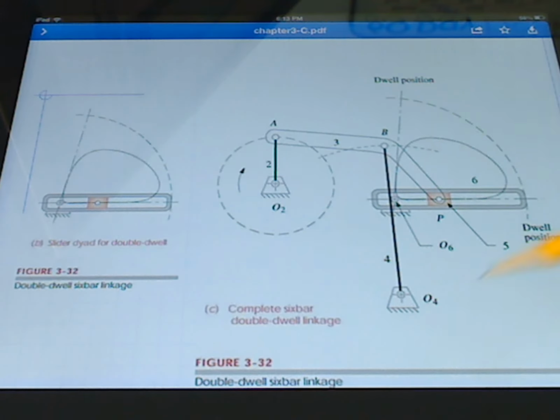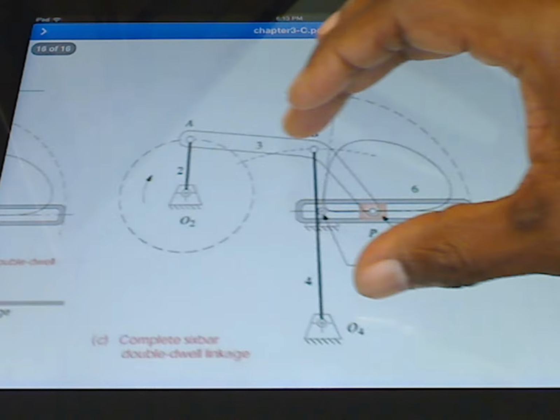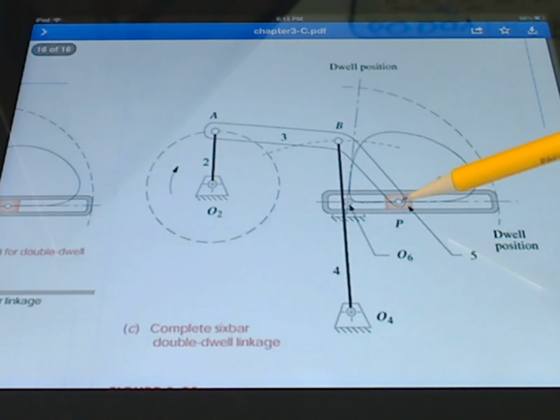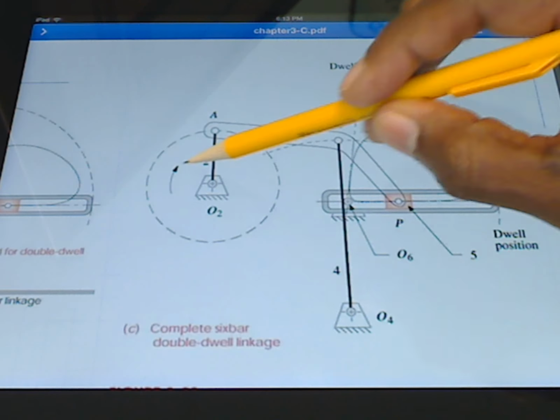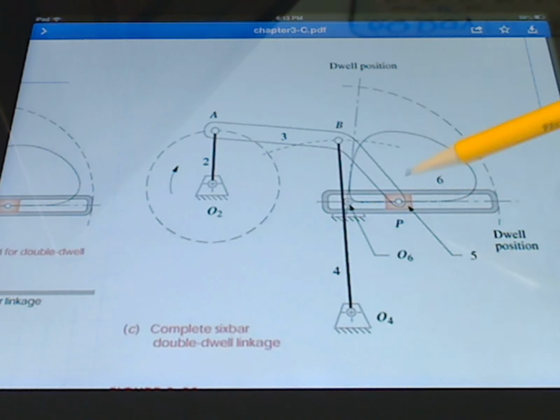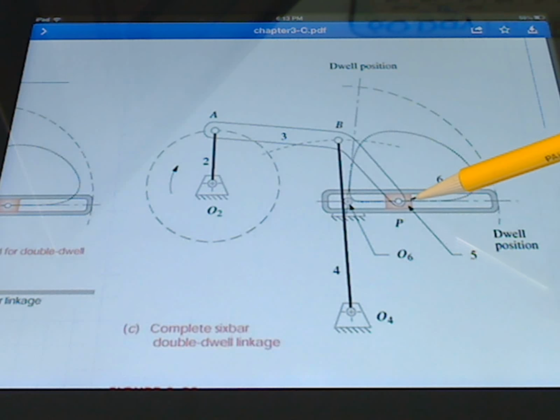And so here we see the entire linkage put together. Our piston is connected to our coupler point here. As the crank rotates, and I guess they show the crank rotating in this direction, then that point P is going to be moving along here, in which case this outer link, called link 6 in the drawing, is not going to move.